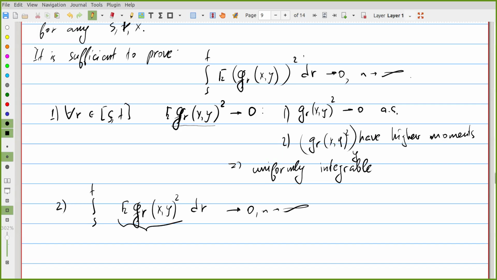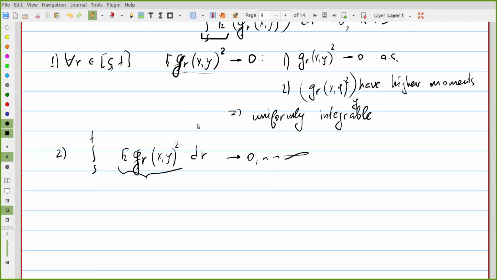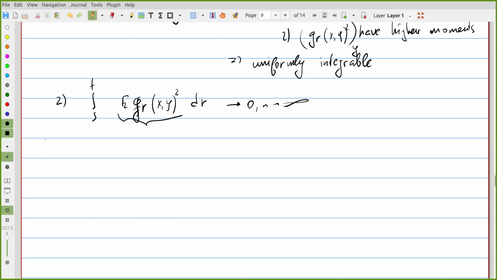Or you can just combine these two arguments and consider the dominated convergence theorem with respect to this product measure. I actually recommend writing everything out and filling in all the details. But it's more of a problem from probability than anything really interesting.